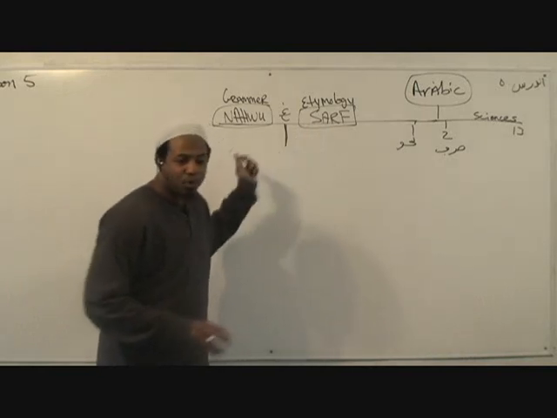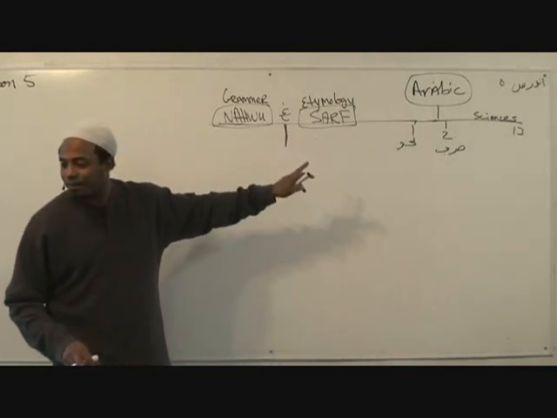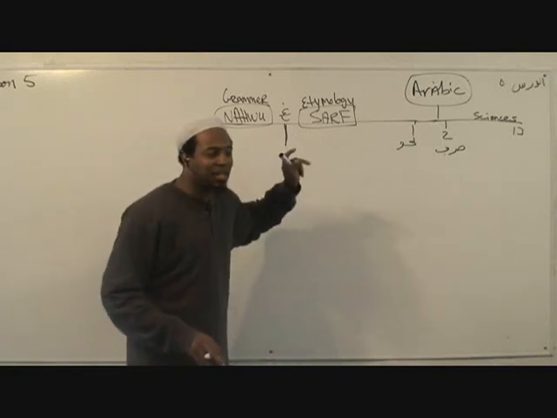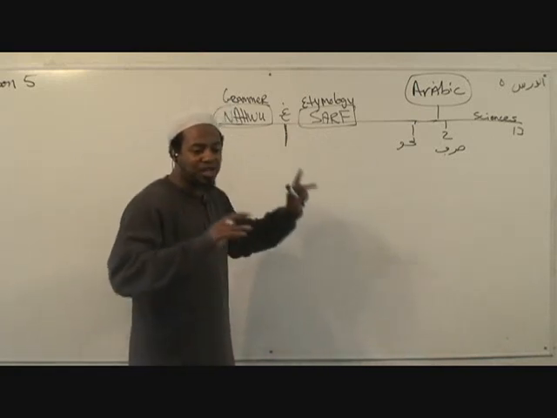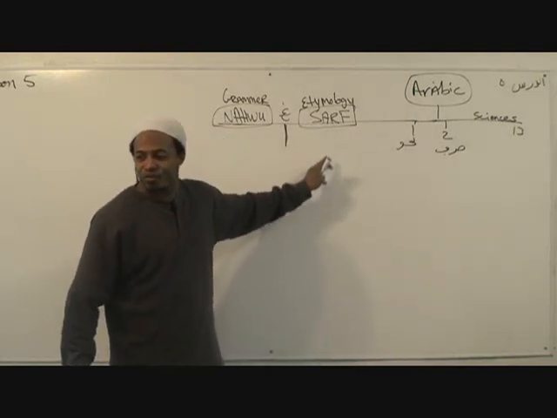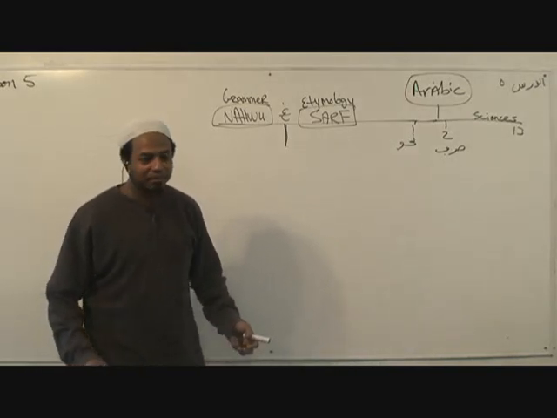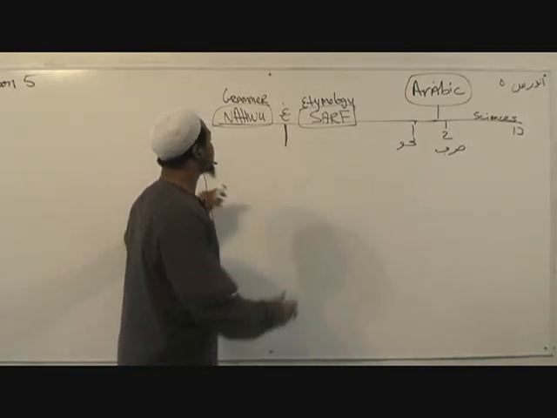So they are both important. And as we go through it, we have to learn both at the same time. The one that I deem the most important, if I had to choose between them, would be etymology. Because if you don't know vocabulary, if you don't know what the word means, you can't even put it in a sentence. But we're going to do them together.